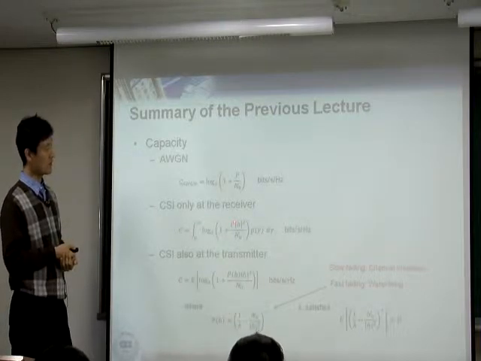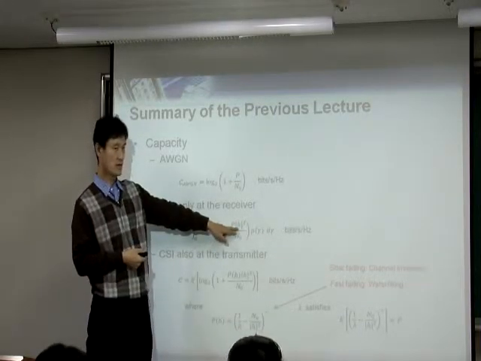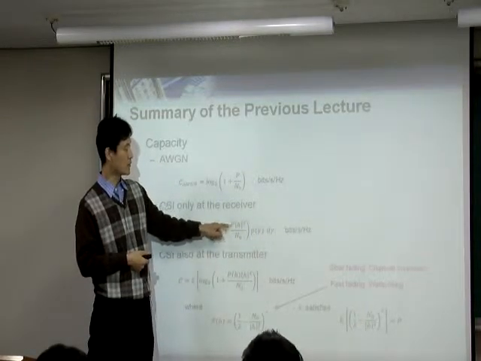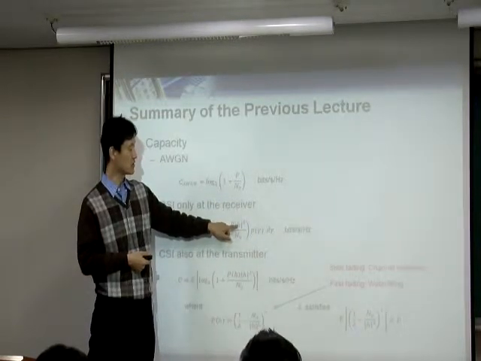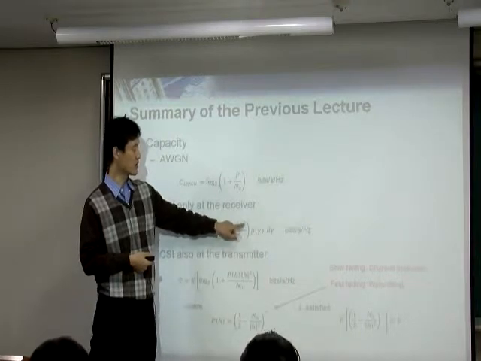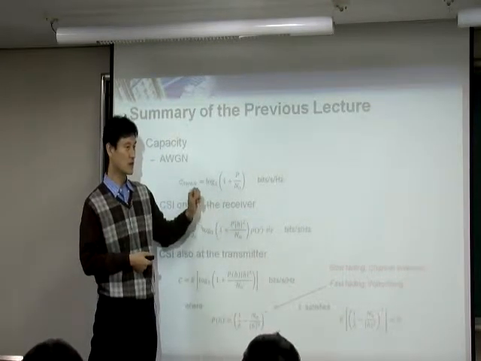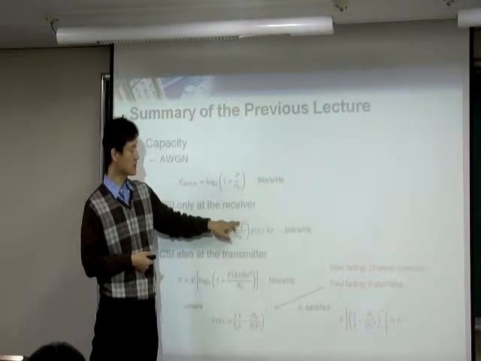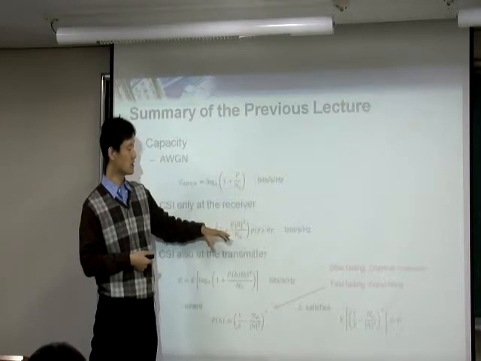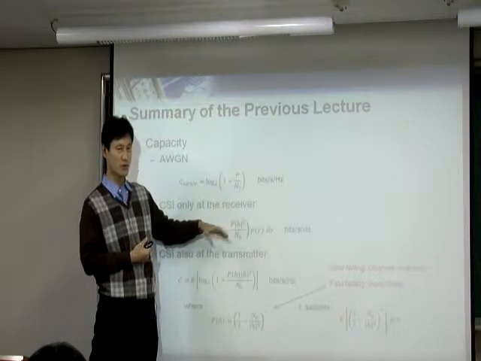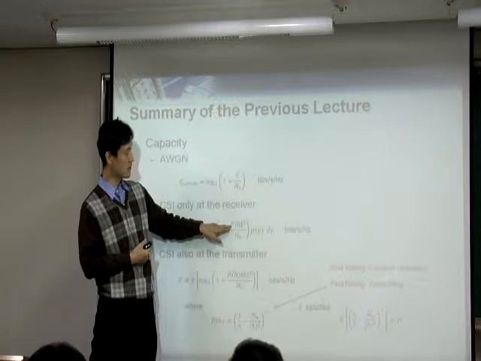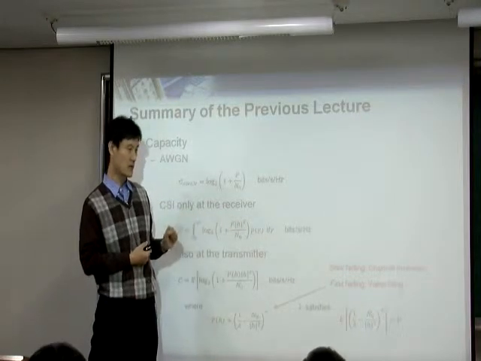But whenever we have a fading channel, now we have H, right? In that case, this is the transmit power which goes through the H, the fading. Since H is the fading channel amplitude, we have to consider the square, which is going to be the channel power or channel gain, right? You multiply the channel gain into the transmit power, then this is going to be the receive power.